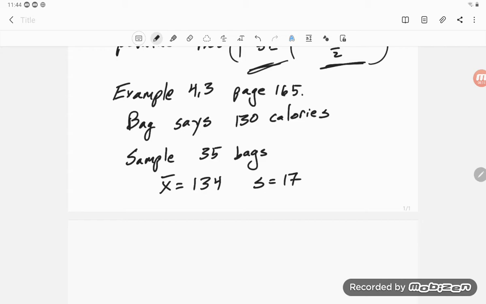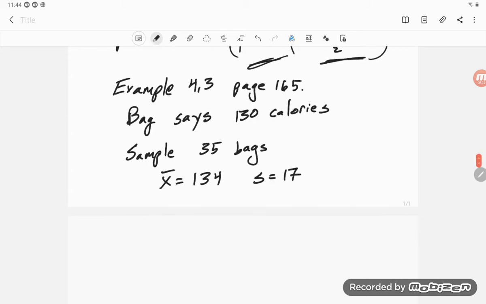And so, you see, the question is, well, is that reasonable? Is 134 calories, given that they say it's 130, is that reasonable?